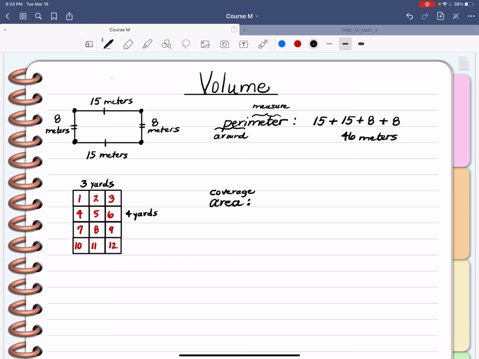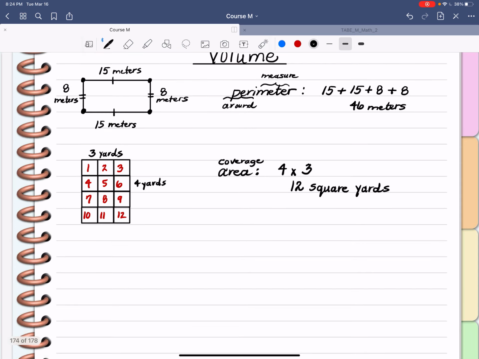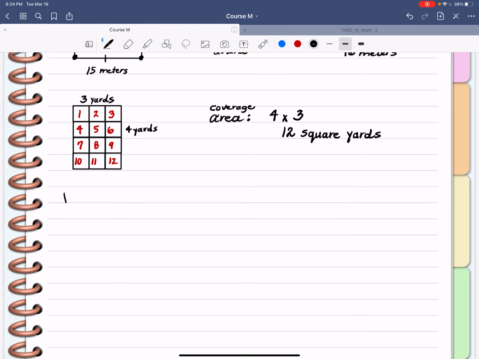Area is found by multiplying the length times the width. 4 times 3 is 12 square units. And in this case, I'm using yards. So perimeter is just linear units. Area is square units.